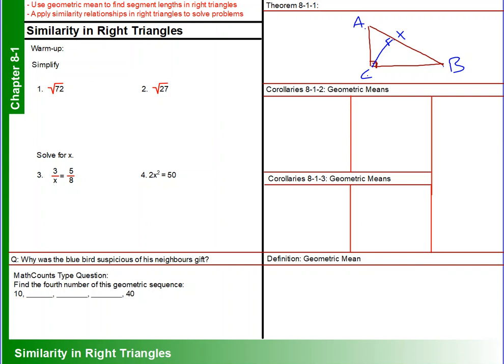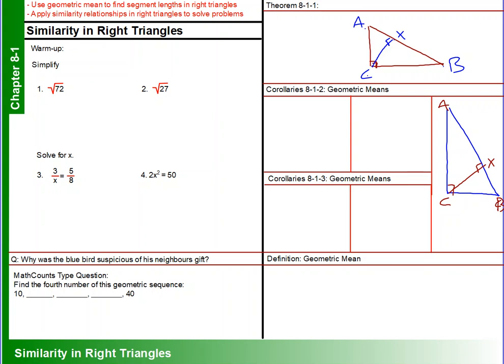Now the geometric mean, on the other hand, is actually going to help us solve some problems. So we're going to take the same triangle, do the reverse colors, and we're going to call this, again, A, X, B, because B comes after A and C. And so the first geometric mean has to do with line segment CX.